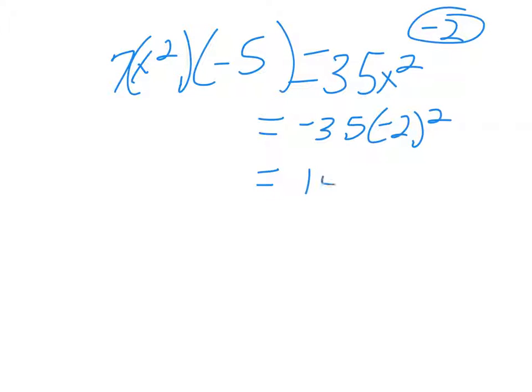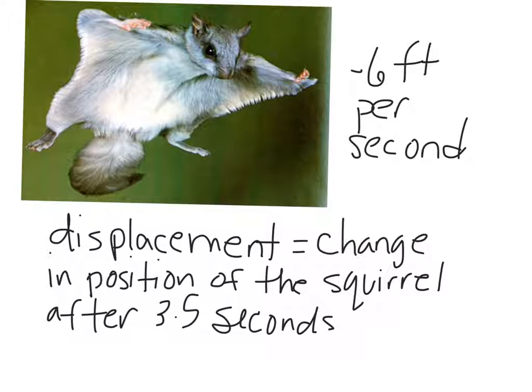And then we end up with 140. When we multiply this out, we had 3 negatives, 1, 2, and 3, because it was squared, and we ended up with 140, and with 3 of them, it's a negative. I don't know why I keep saying it's positive. It's a negative. Sorry.